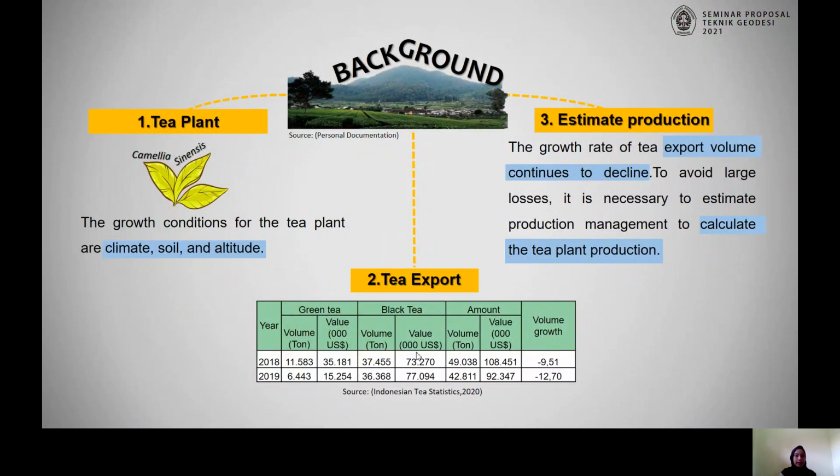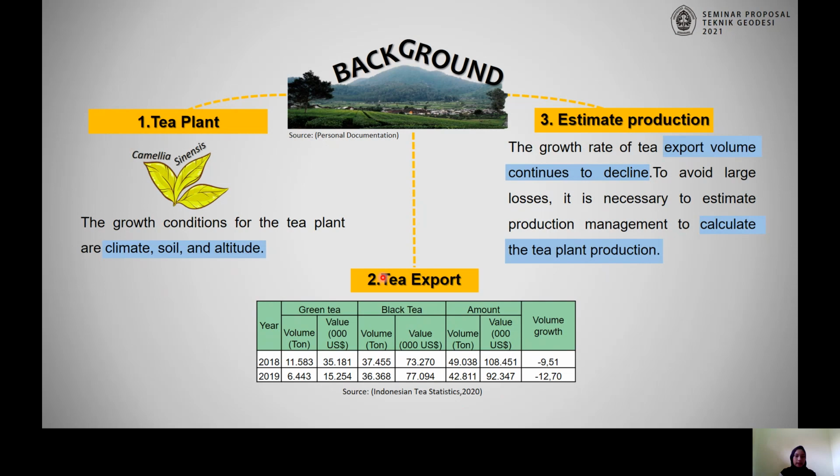The tea plant Camellia sinensis comes from subtropical areas. The growth conditions for tea plant are climate, soil, and altitude. The tea plant Camellia sinensis is one of Indonesia's agricultural products that can increase the country's foreign exchange in this agricultural sector.